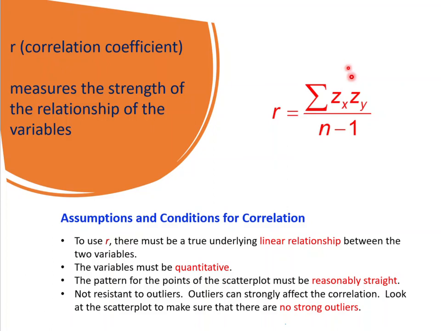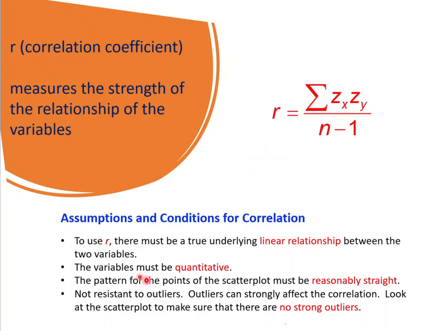And therefore, because z-scores are easily influenced by outliers, and we're using z-scores to calculate r, that implies that r is also going to be easily affected by outliers.